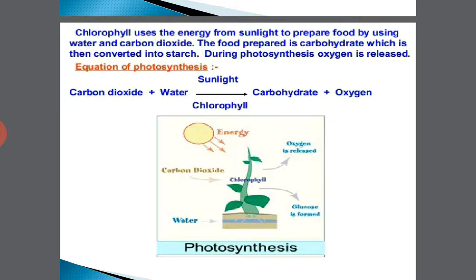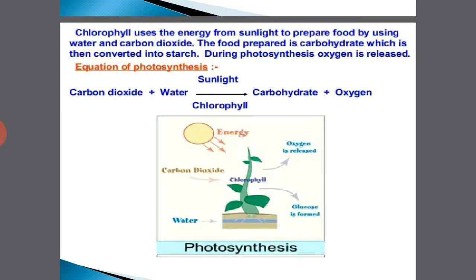The important thing for human beings is that oxygen is released over there. As we all know, we and the animals need oxygen for breathing in, and we release carbon dioxide.